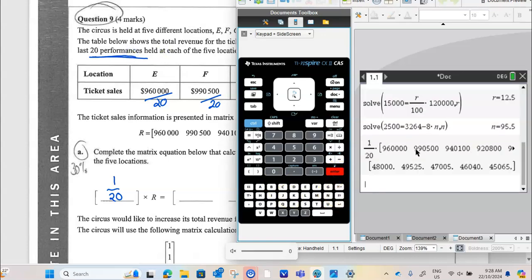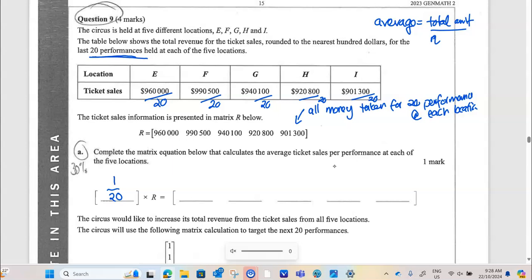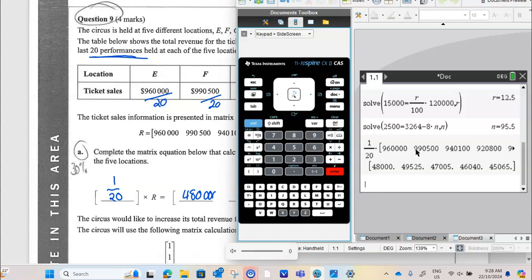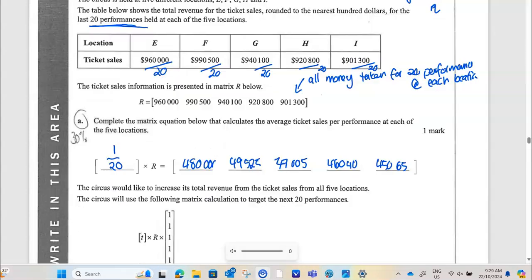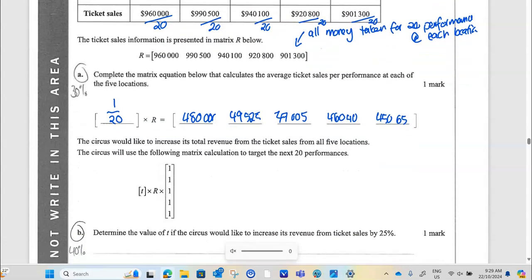Enter. So that divided them all, and then you just pop that in there. So if we pop that in, 48,000, 49,525, and the next one. Okay, so that's what you had to fill in for all of them.